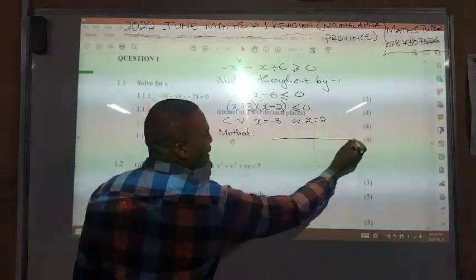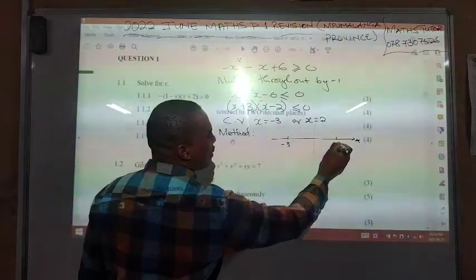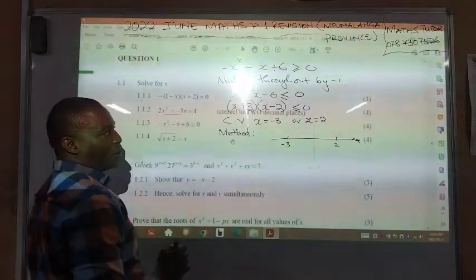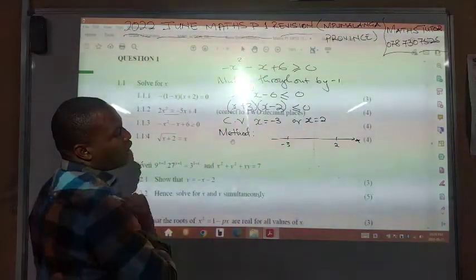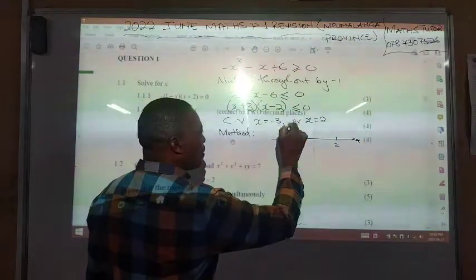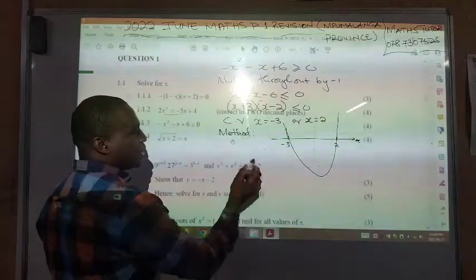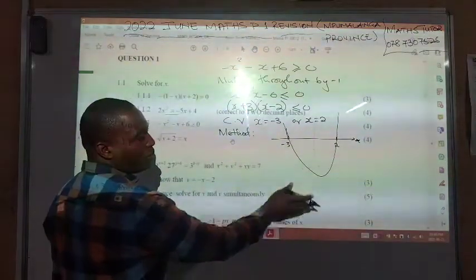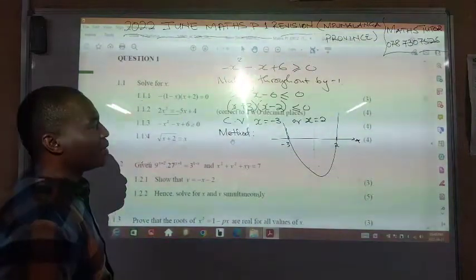Your graph will cut the x-axis at negative 3 and 2. And checking here, the coefficient of x squared is positive. That means your graph will be concave up. There is part of the graph that is below the x-axis, there is part of the graph that is above the x-axis.